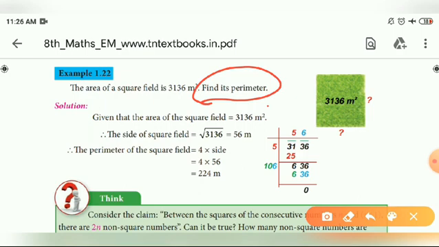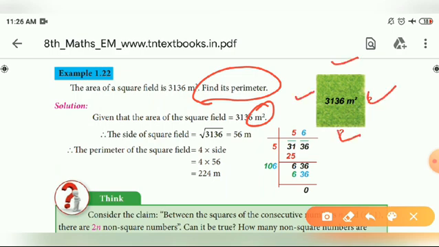First of all, perimeter means the sum of all boundary lengths. So we want to find the side of the square. They have given the area, so if we find the square root of the area, we get the length of each side.